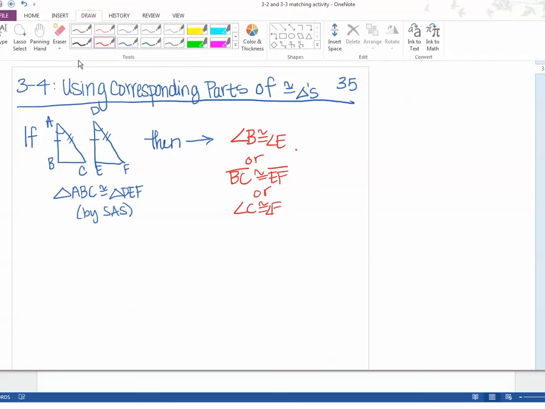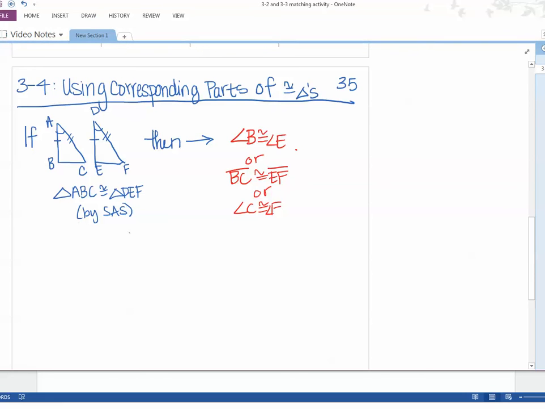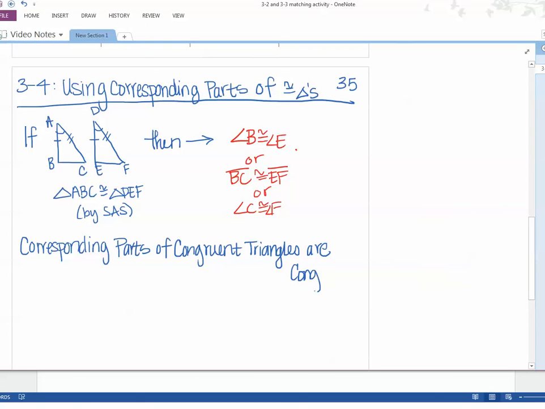All right, so the reason that we're going to use to explain that is something called, we're going to write this out here, corresponding parts of congruent triangles are congruent. Now that's kind of a long statement.